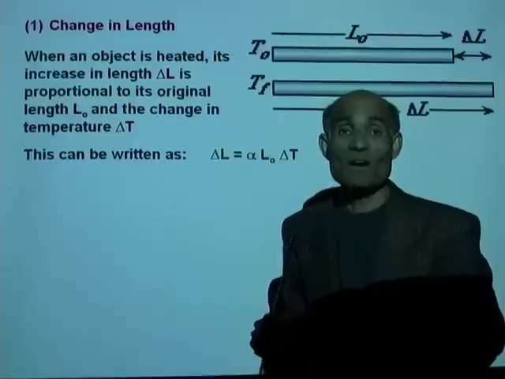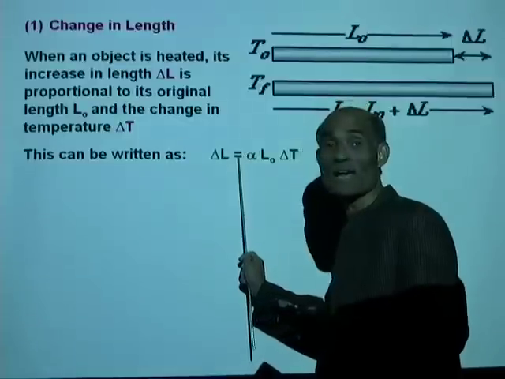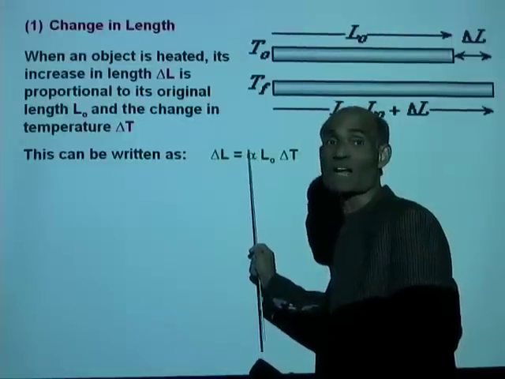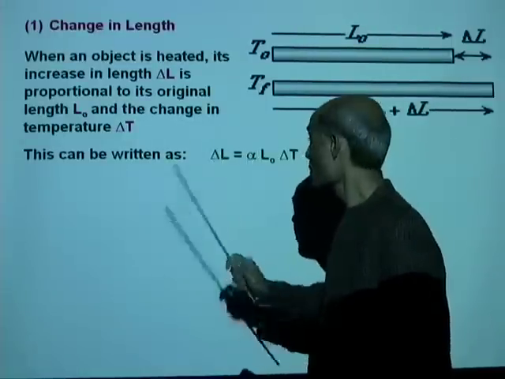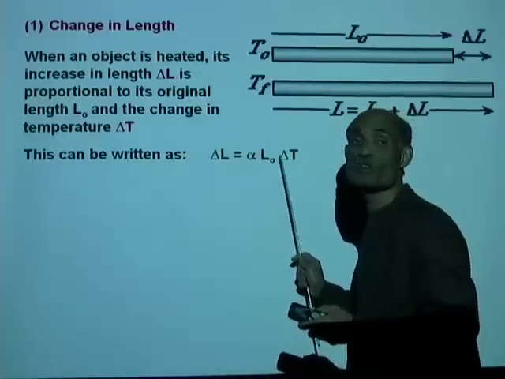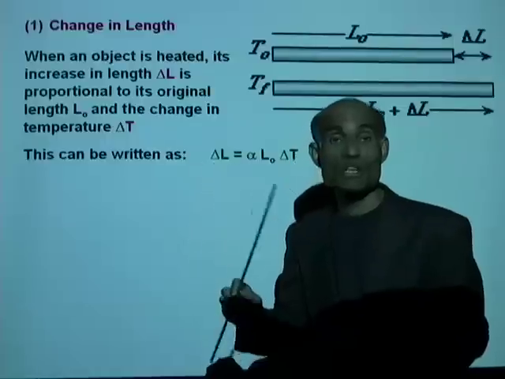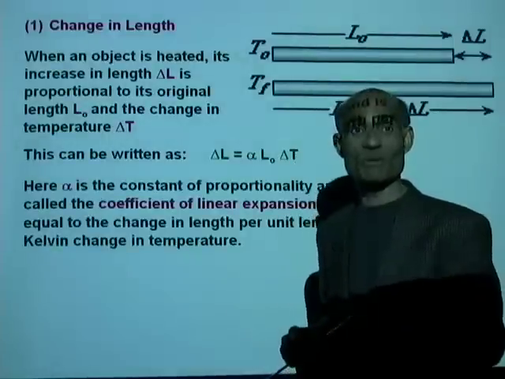And you know by now a direct proportion can be replaced by an equal sign by adding a constant. So delta L equals alpha L0 delta T, where alpha is a constant for a given material.